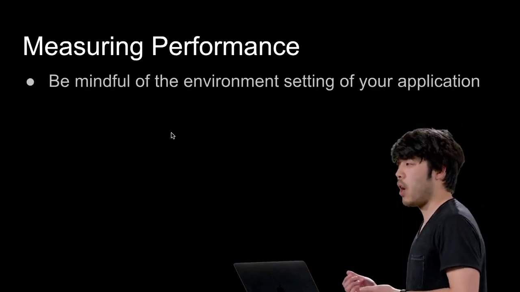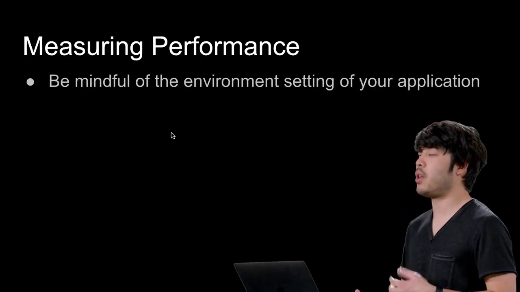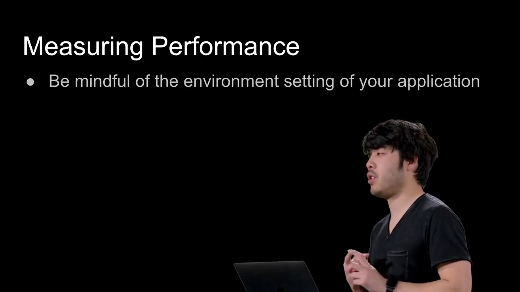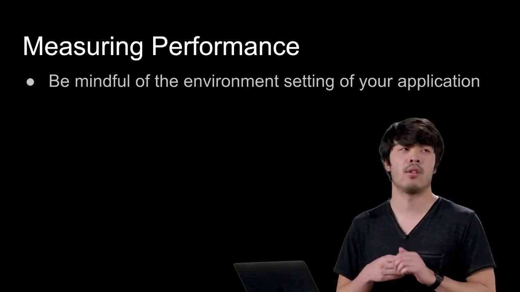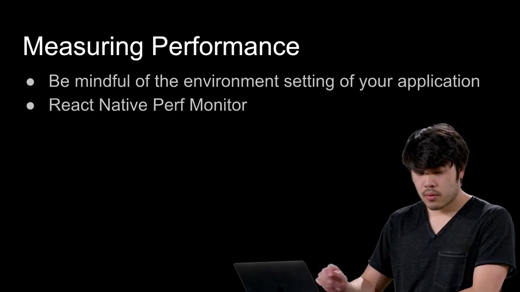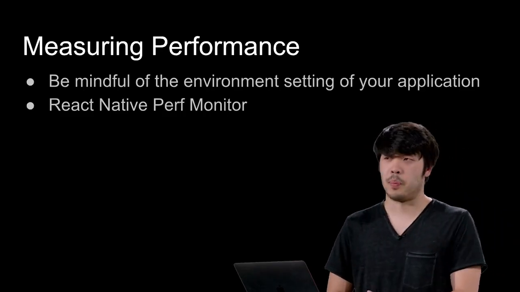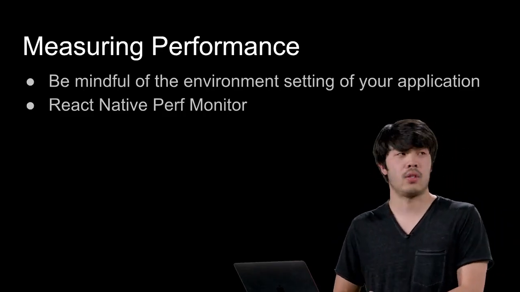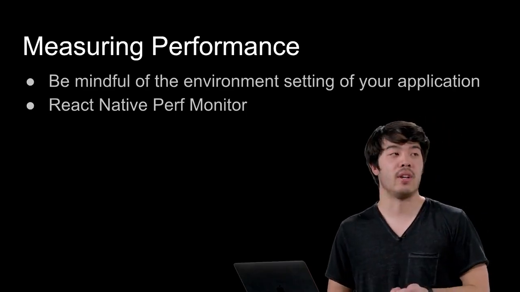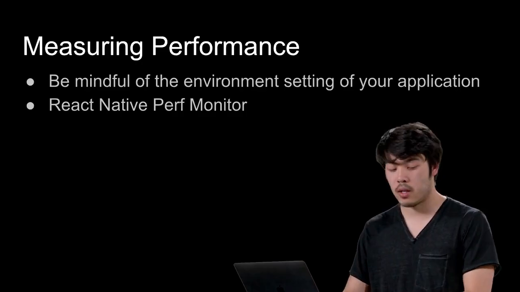React actually has a few optimizations that it does when it's in production mode. And so things like prop types aren't necessarily checked, and warnings and errors are not necessarily displayed. There's a few tools built into React Native itself that allow us to benchmark our performance. One is called the React Native Perf Monitor, or Performance Monitor.